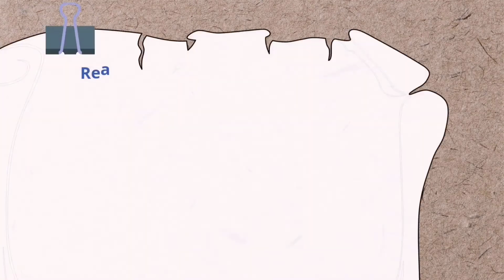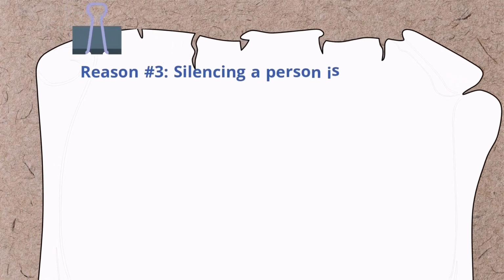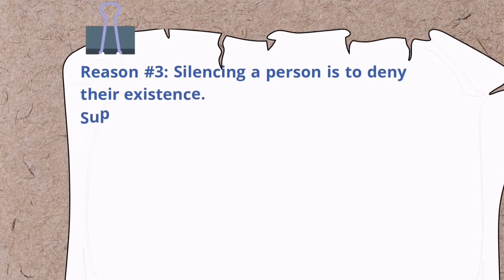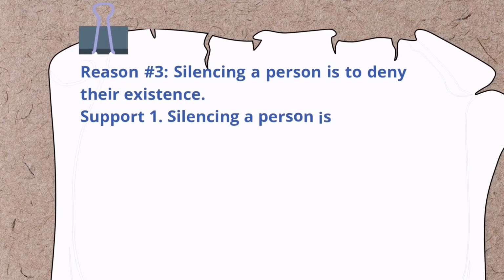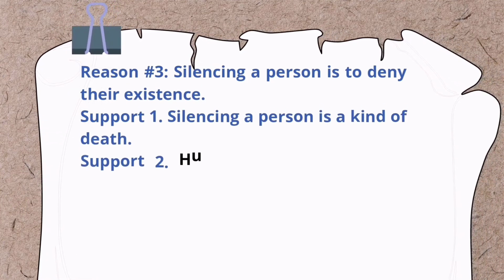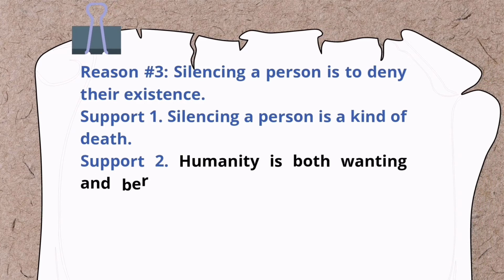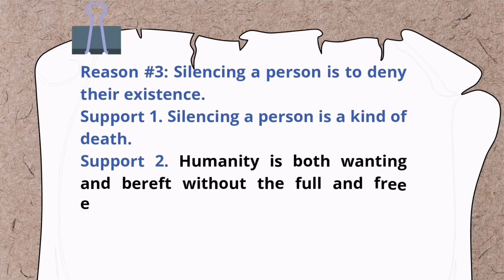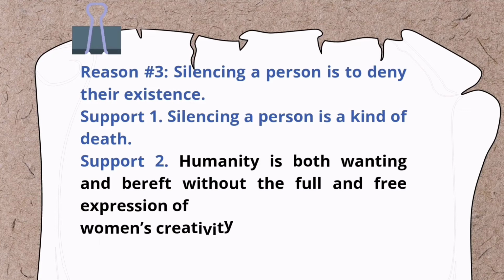For reason number 3, silencing a person is to deny their existence. Supporting details or statements, silencing a person is a kind of death. Humanity is both wanting and bereft without the full and free expression of women's creativity and knowledge.